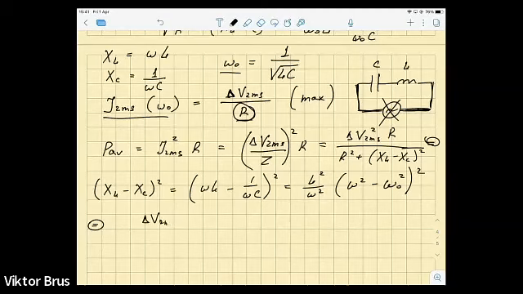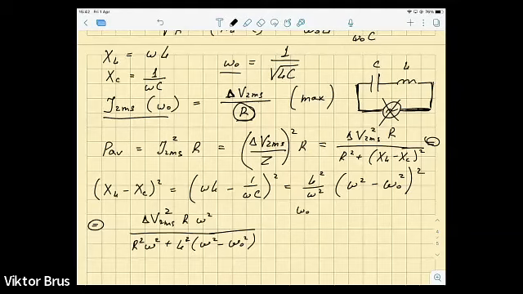Delta V RMS squared times R times omega squared divided by R squared times omega squared plus L squared times (omega squared minus omega naught squared) squared. So keep in mind that omega naught is equal to 1 over the square root of L times C.